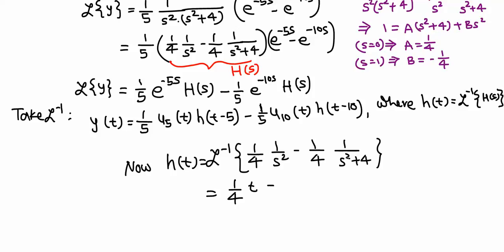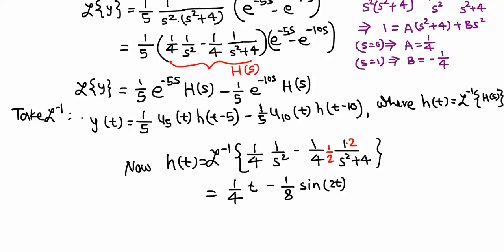We need 2 over s squared plus 4, that would be sine 2t, so let's multiply top by 2 and divide by 2. Now 2 over s squared plus 4 is Laplace of sine 2t. So this is 1/8, and the inverse Laplace of this is sine 2t.